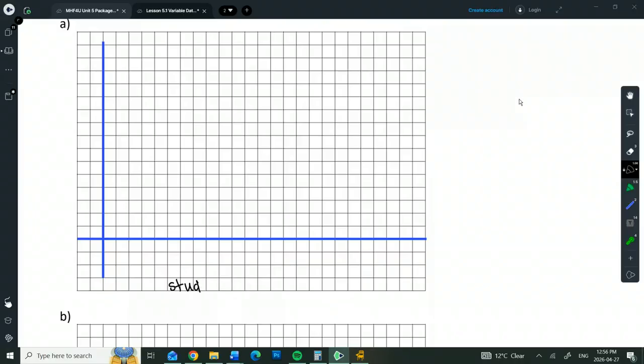So we'll have the student name, and then we're going to say maybe time worked on the weekend in hours. So wherever possible, you're always going to put the unit of measurement from there. Obviously, for student name, there's no unit of measurement. It's just a name.